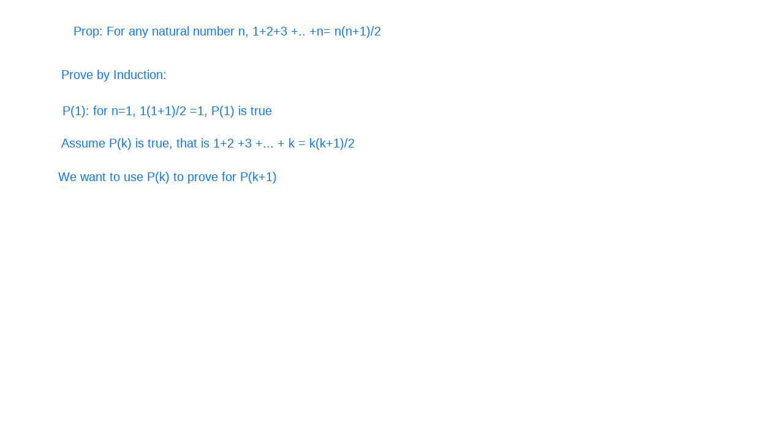That equals k plus 1 times k plus 2, divided by 2. Right? So we want to prove P of k plus 1 is true, which means we want to show 1 plus 2 plus 3 plus up to k plus k plus 1 equals k plus 1 times k plus 2 divided by 2.